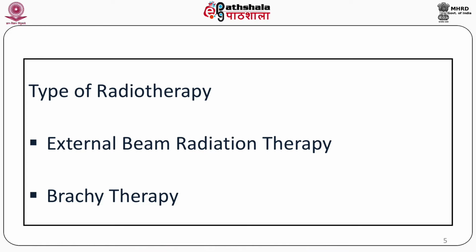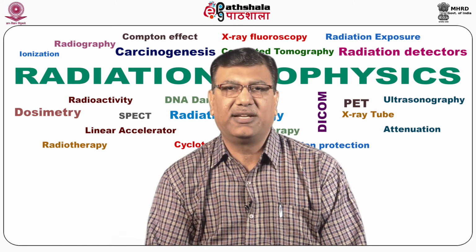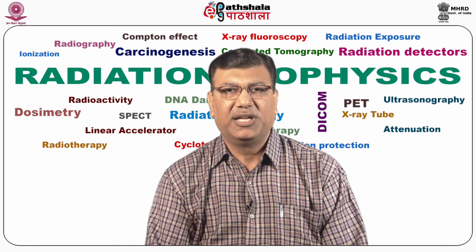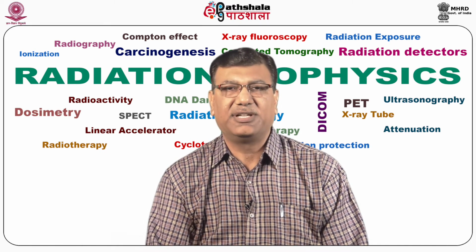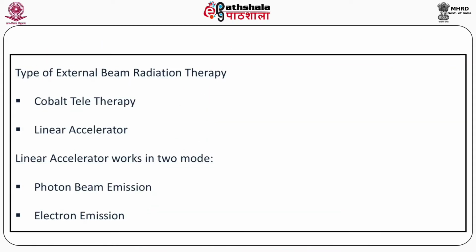For a few tumors very close to the surface, molds are used. Many tumors are treated with both external beam radiotherapy and brachytherapy, and nowadays good results are obtained using both. Types of external beam radiation therapy: Cobalt teletherapy and linear accelerator.